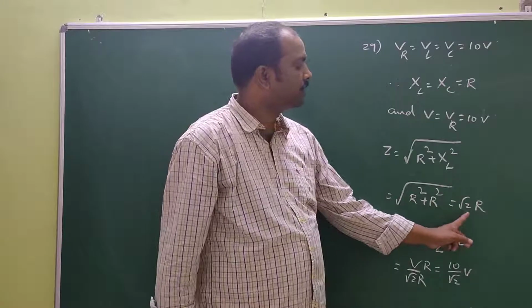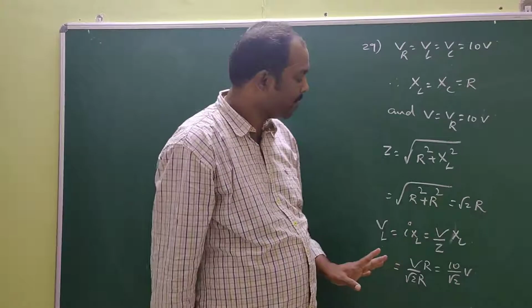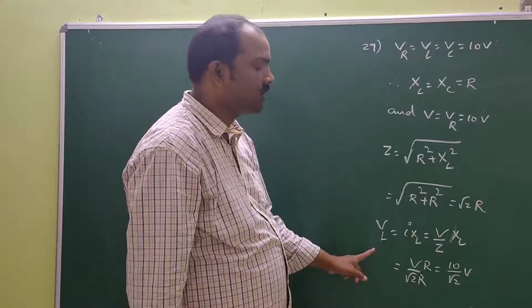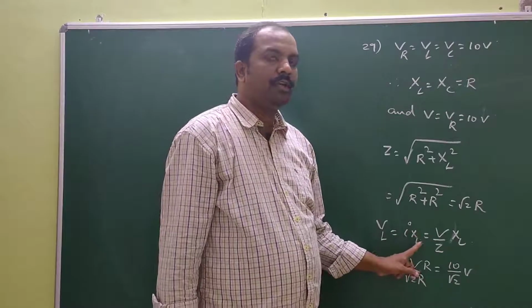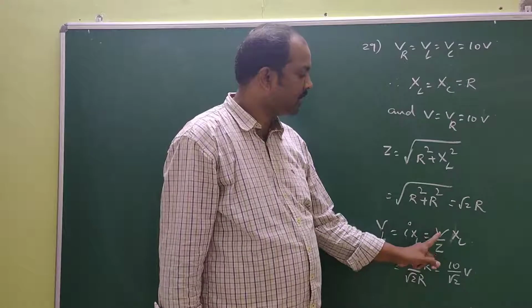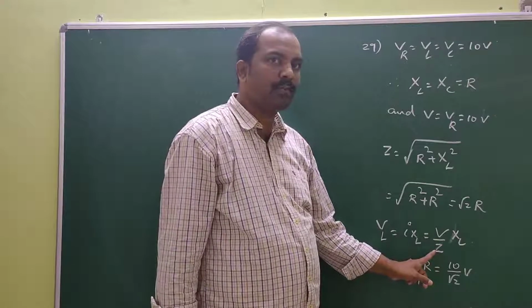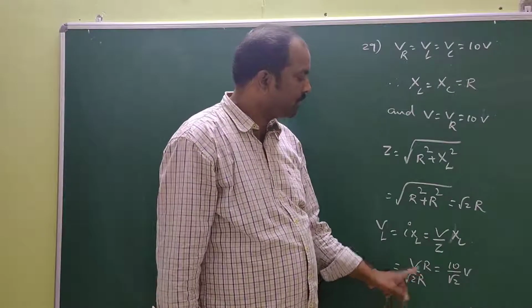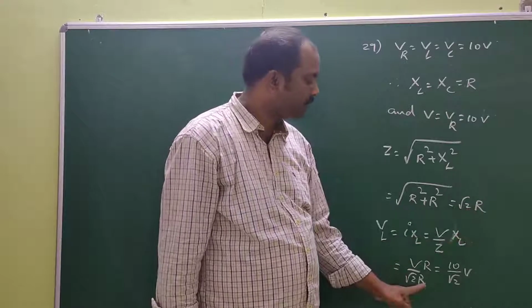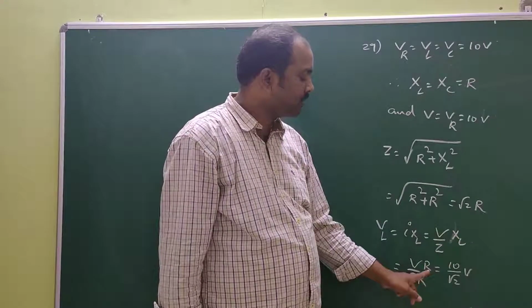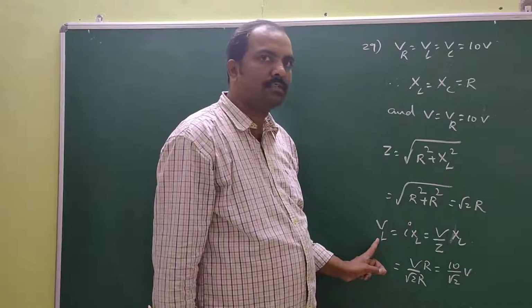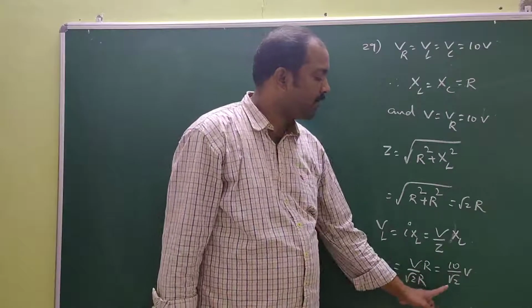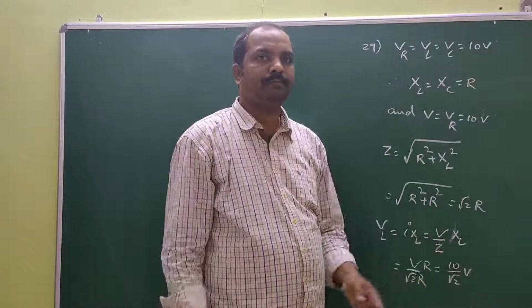Therefore impedance is equal to root 2 R. Then the potential difference across the inductor is current into inductive reactance. Current is nothing but potential by impedance. Impedance we got as root 2 R, reactance is R, so R gets cancelled. So the potential difference across the inductor is 10 by root 2 volt.